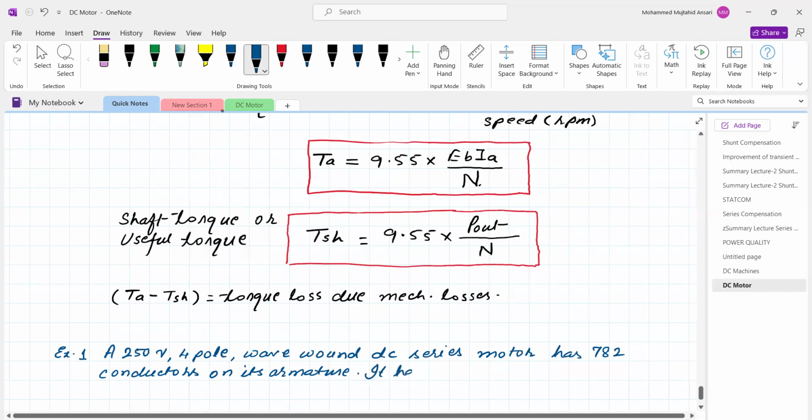It has armature and series field winding resistance of 0.75 ohms.